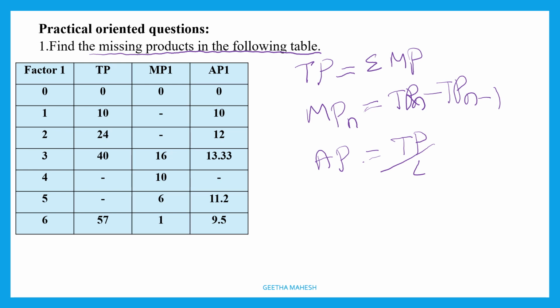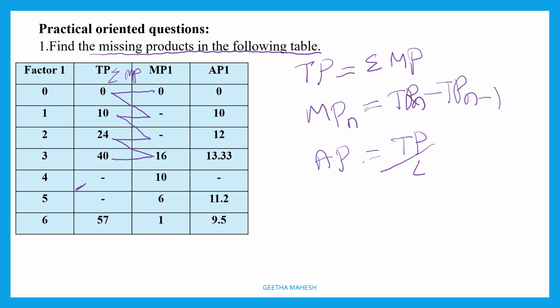Now, let us calculate. Here we need to find the missing total product values. So, here it is a zigzag addition, because total product is a summation of marginal product. So, 0, 0 plus we do not know, let us keep it as it is.